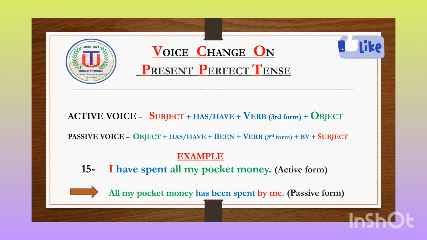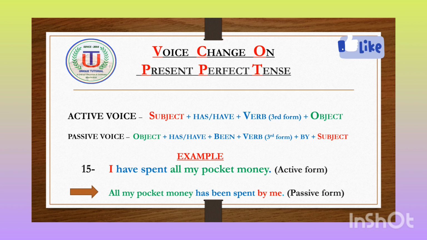Here the example is, I have spent all my pocket money. Just see, the sentence is in present perfect tense. So if a sentence is in present perfect tense, first comes the subject, then has or have, then verb third form, then object.